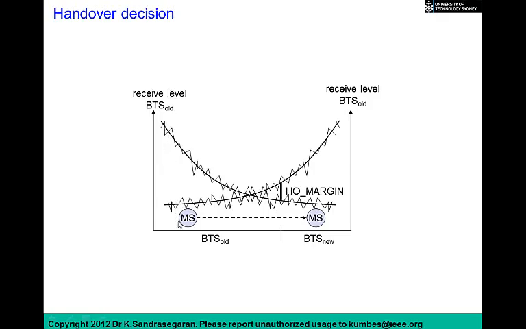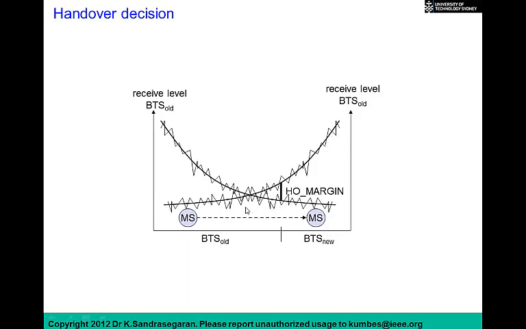So let's consider the case that a mobile subscriber is moving away from the serving base station to another base station. The received signal strength from the serving base station will be dropping, and the received signal strength of a neighboring base station would be increasing.